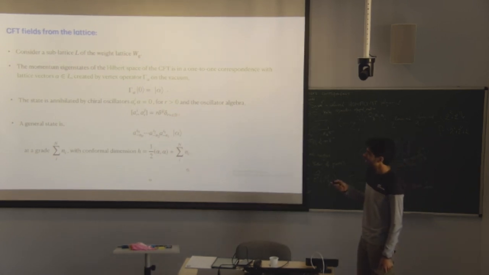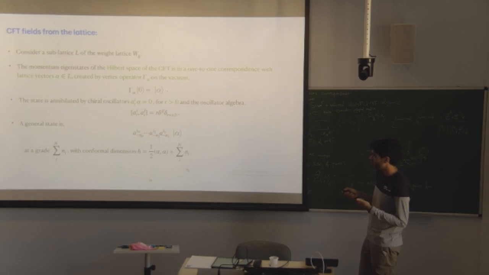So to construct the CFT from this lattice, you associate a state to every lattice point, and by that we mean that you construct a vertex operator gamma alpha, where alpha is in the root lattice, and this acts on the vacuum to write a state in the Hilbert space of the CFT.